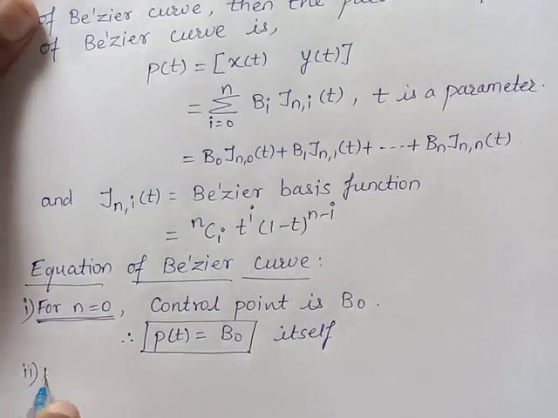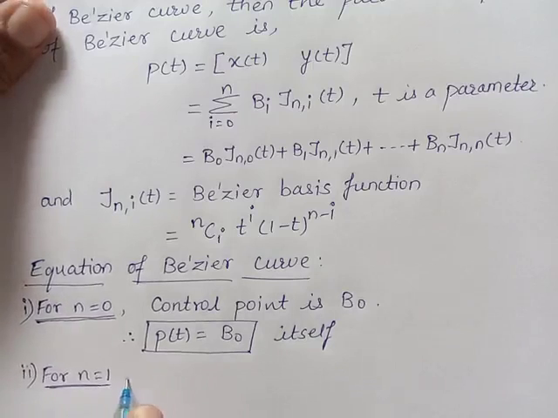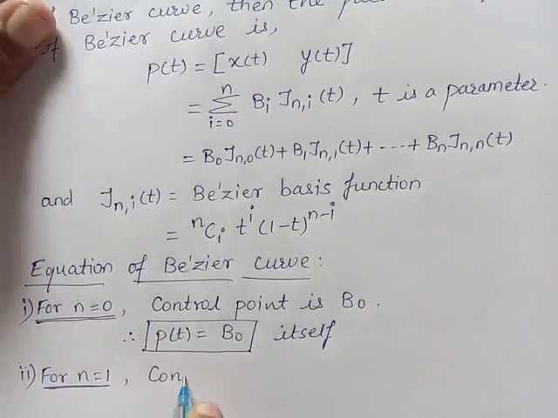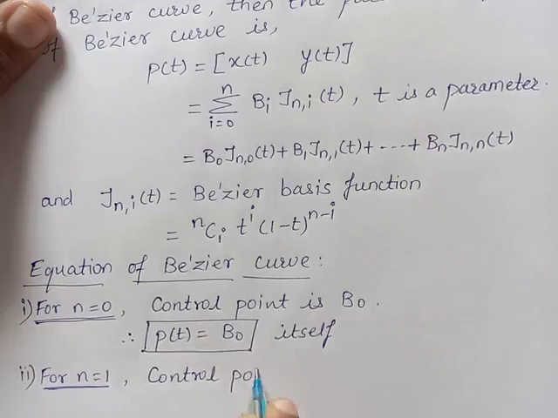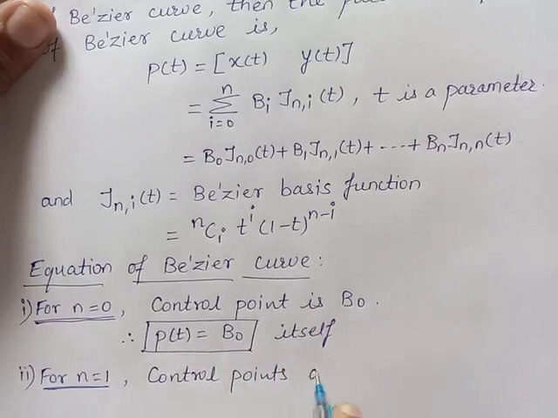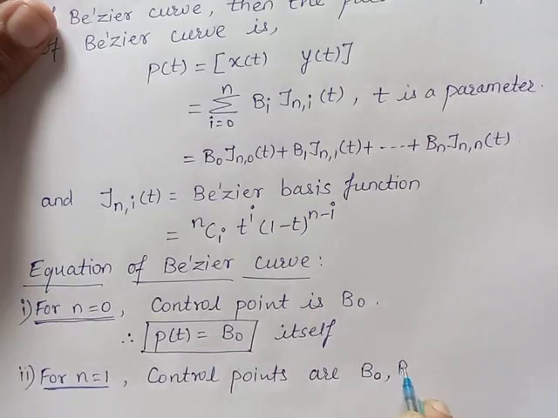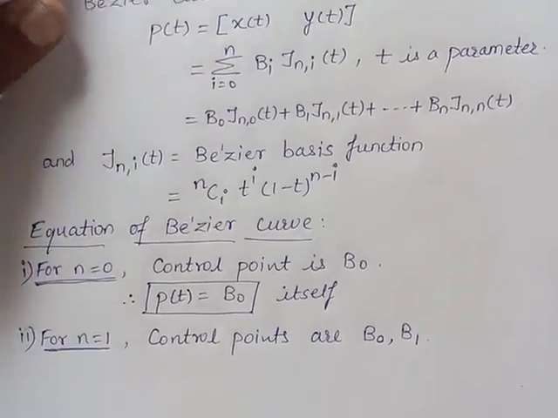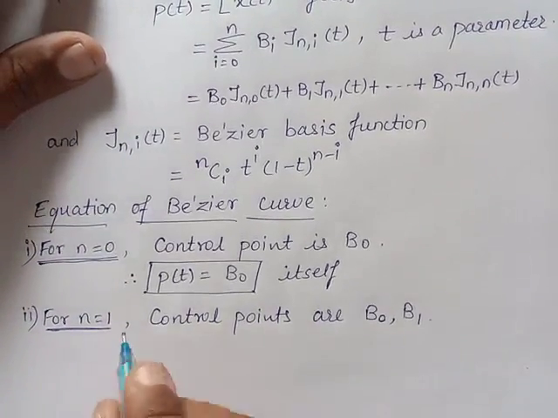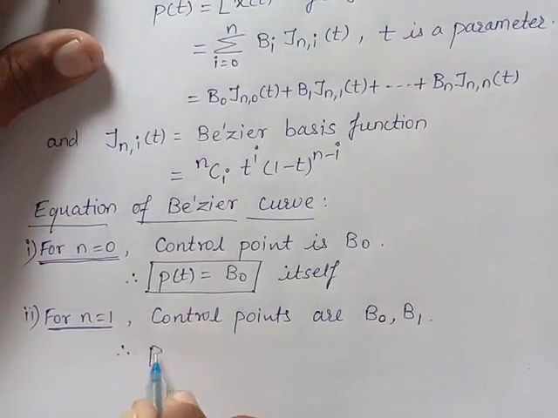Second, for n equal to 1, there are two control points, B0 and B1. These two control points are there, right? Then from that, what is P of t?